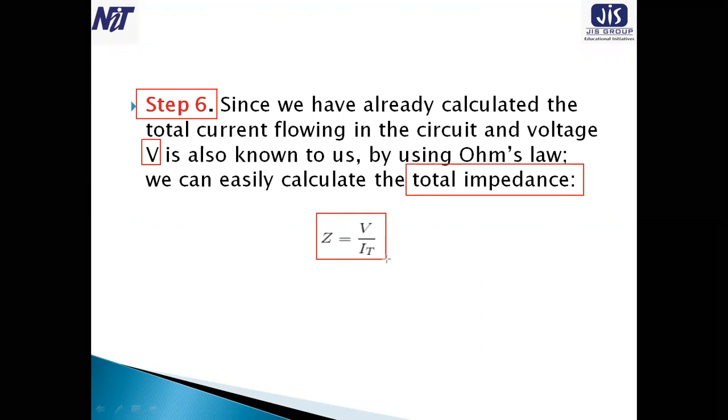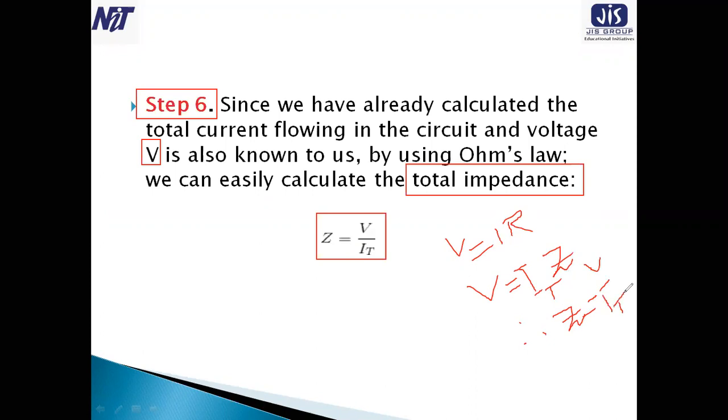V equals IR. In this case, R is Z, the impedance, and I is IT. So Z will be equal to V divided by IT. This is the process to find the value of the impedance.